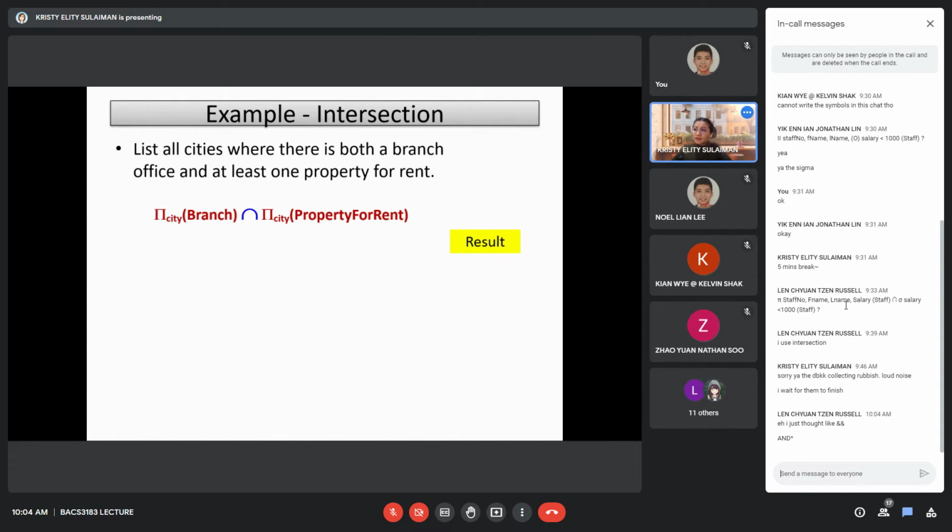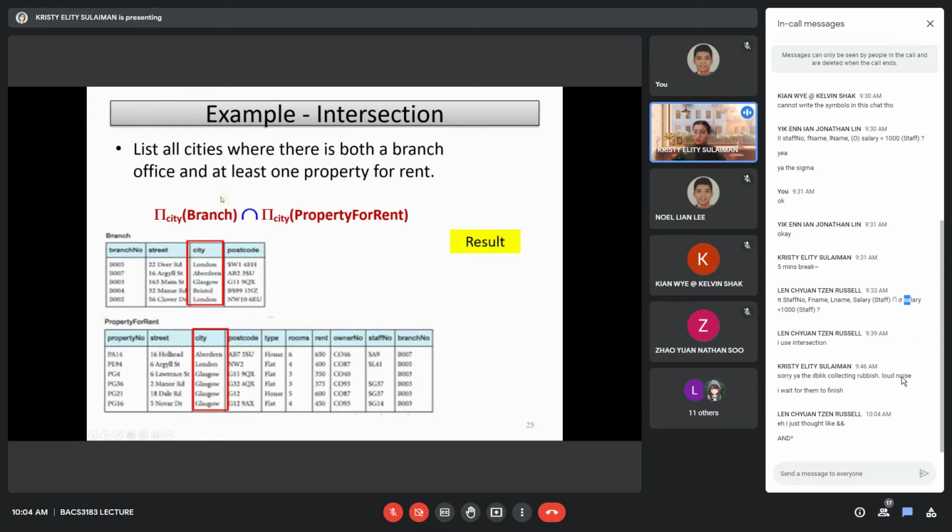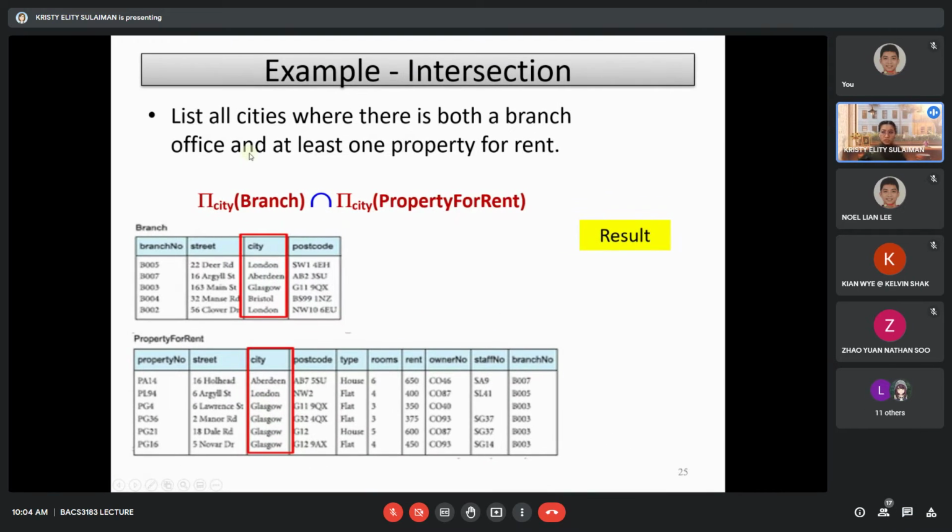It's this one, n, right? From this query that we want to do, it also states n here, right, Russell? Is that what you mean? This n, the concept.